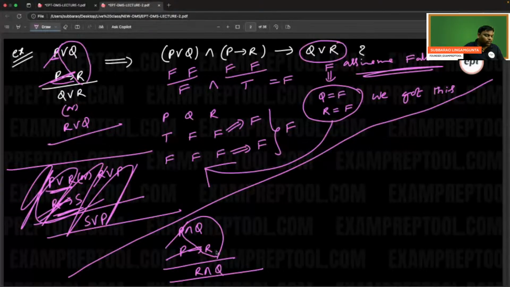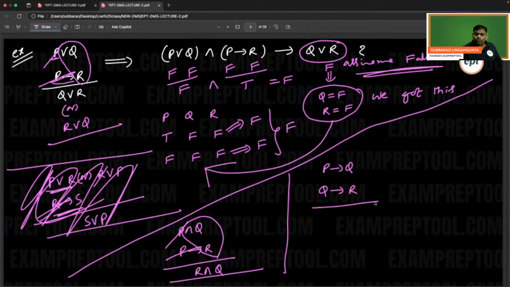So I want to say one more problem. Can you see this also? P implies Q, Q implies R. Remember, it is almost like a transitive property.